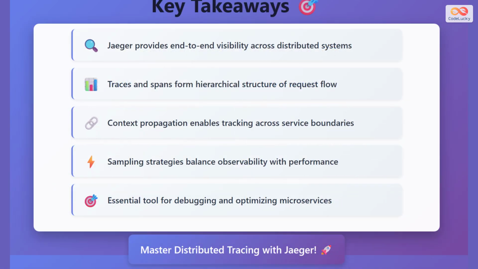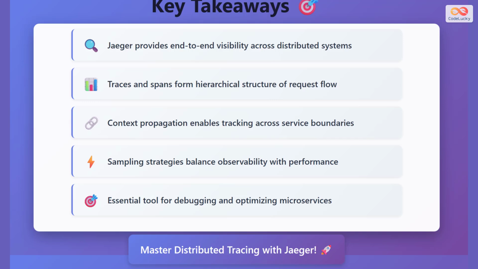Let's summarize what we've learned. Jaeger provides end-to-end visibility across distributed systems, helping you see the complete picture of how requests flow through your application. Traces and spans form a hierarchical structure that represents the flow of a single request through multiple services. Context propagation enables tracking across service boundaries by passing trace information along with the request.